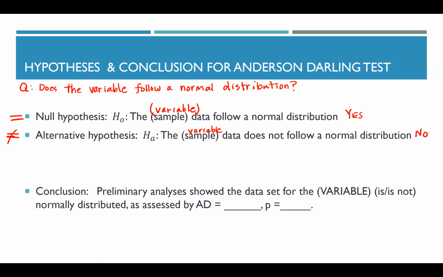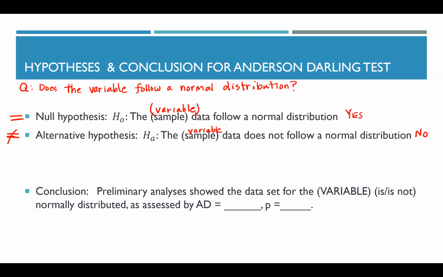The conclusion is we say, preliminary analyses showed the data set for the variable is or is not normally distributed as assessed by Anderson-Darling, and you put in the value with a p-value of such and such. As we go through the examples, I'm going to model this for you.